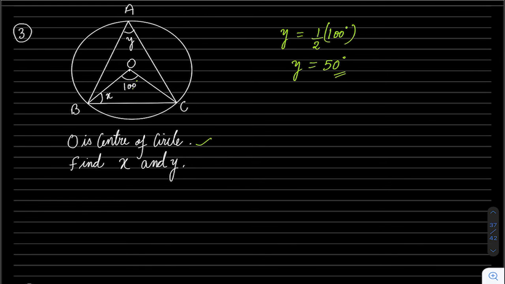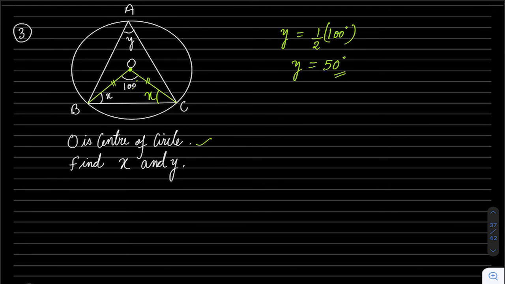How can we find X? If you notice, I am telling you this again because it is important, and I have seen students forget this a lot. OB is a radius and OC is also a radius. Radius means they are equal. It means triangle OBC will be isosceles.